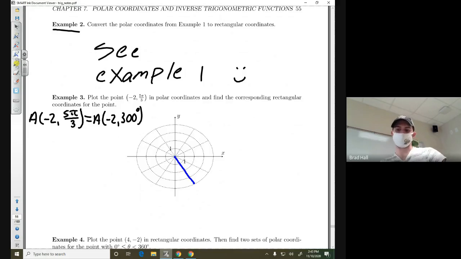So that's 300. And since we have a radius of -2, that means we go 2 in the opposite direction. 1, 2, in the opposite direction. So that's plotting the point.